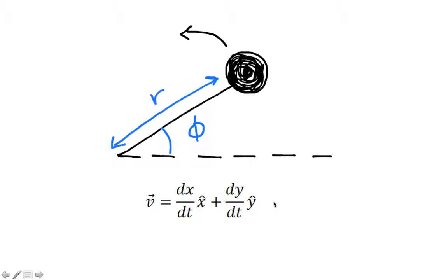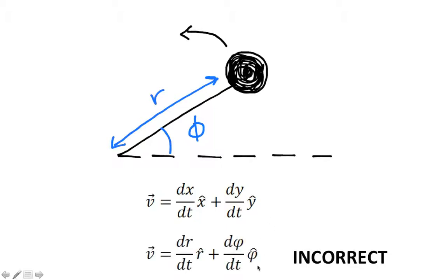But remember, we want to use the radial coordinate and the angular coordinate. Some students think that the velocity then should be the derivative of the radius times r hat plus the derivative of phi times phi hat. But this is actually incorrect. You can tell it's incorrect just by looking at unit analysis, because the units of the velocity should be length per time, not angle per time.